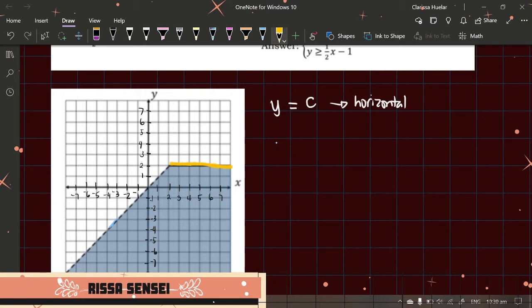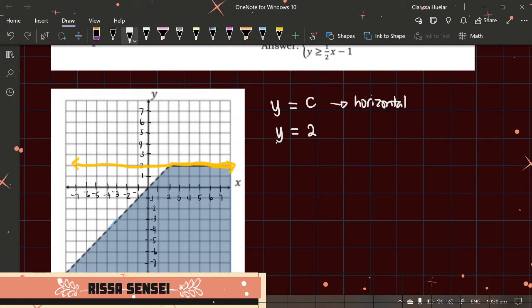Mamaya pag-usapan natin yung solid line na yan. If we're going to extend this, anong number siya tumama? Tumama siya doon sa 2. Meaning, the equation of this yellow line here is y equals 2. So, ganun lang kadali. Kasi horizontal lang, madali lang hanapin yung equation. We do not need to get the slope, kasi wala namang slope yan.